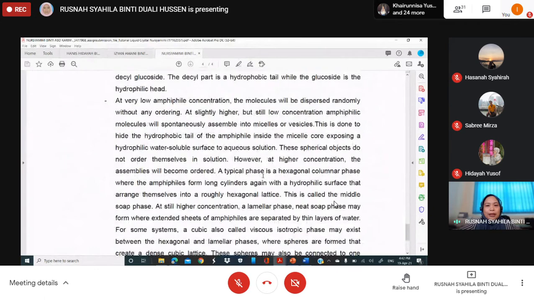Oh, okay. At low concentration, amphiphilic molecules will spontaneously assemble into micelles or vesicles. Okay, there is one missing point: at the CMC, the critical micellar concentration, and beyond that.